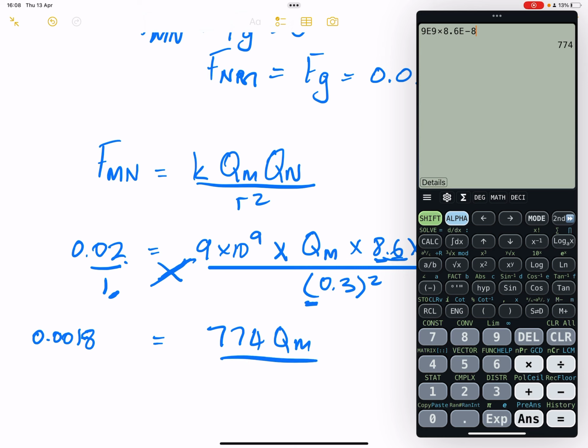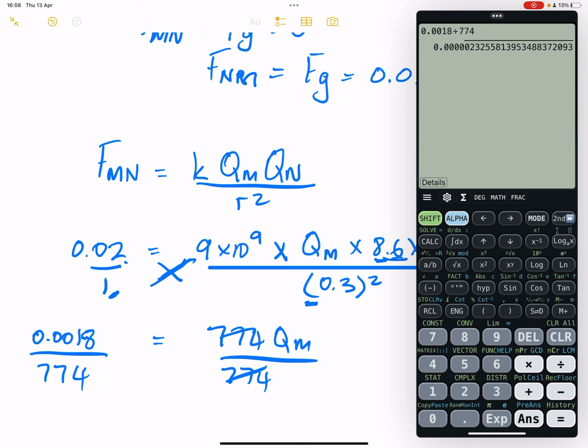And all I need to do is divide both sides by 774 to get my charge for Qm. So I'm going to simply say 0.018 divided by 774, and I get that wonderful value over there.